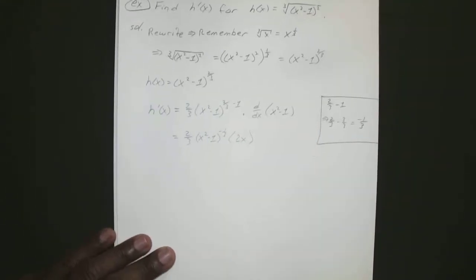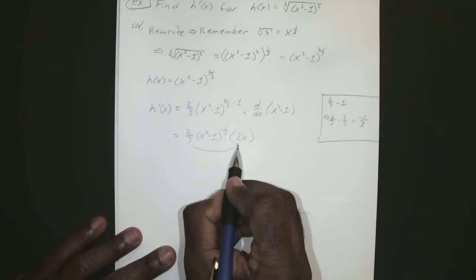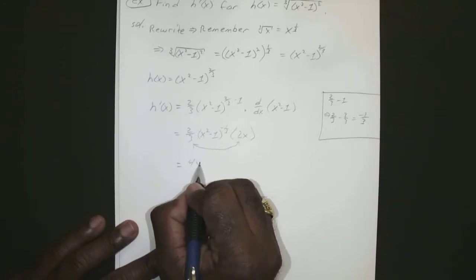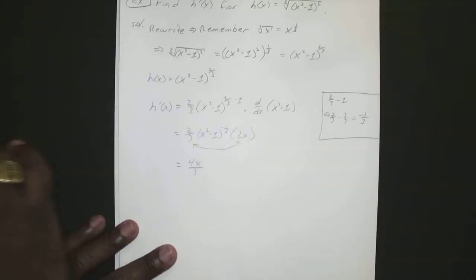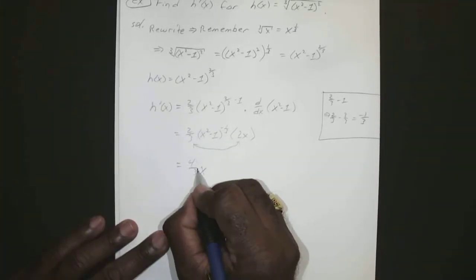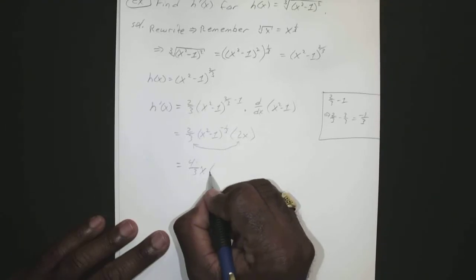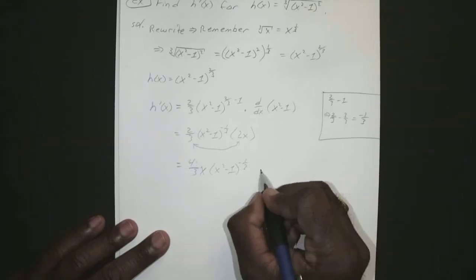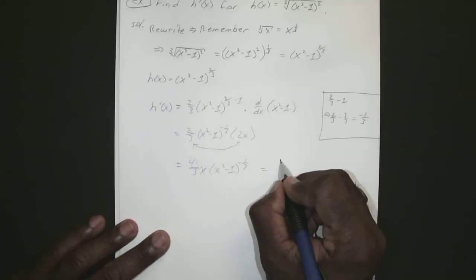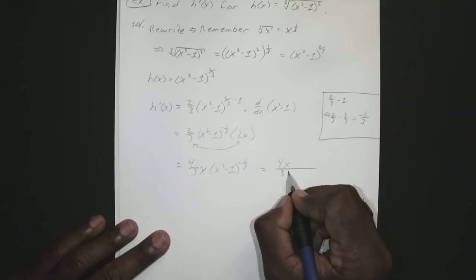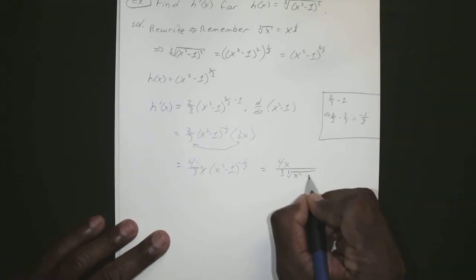After we combine those two, it's going to equal 4x over 3 times x squared minus 1 to the negative 1/3, or you can make it equal 4x over 3 times the cube root of x squared minus 1.